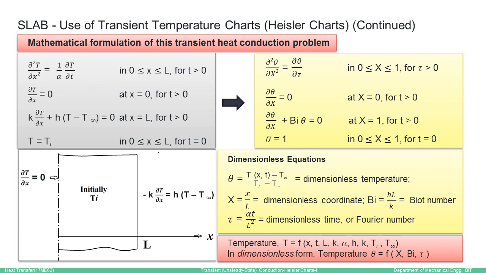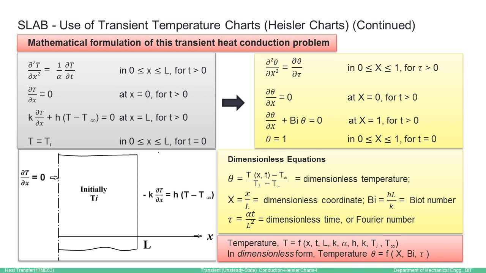Similarly, for the second condition, the boundary condition at x equal to 0, dou t divided by dou x equal to 0 becomes dou theta divided by dou capital X equal to 0 for all times tau greater than 0. The next boundary condition is reduced to dou theta divided by dou X plus Biot number into theta is equal to 0 at the other surface, capital X equal to 1, and the last, initial condition, becomes theta is equal to 1 because t becomes equal to Ti.